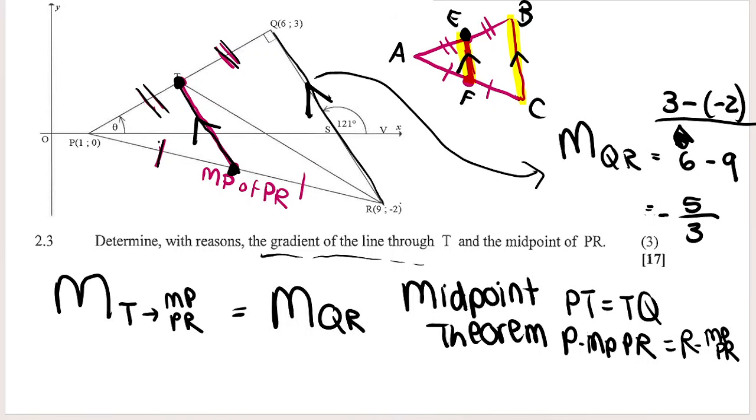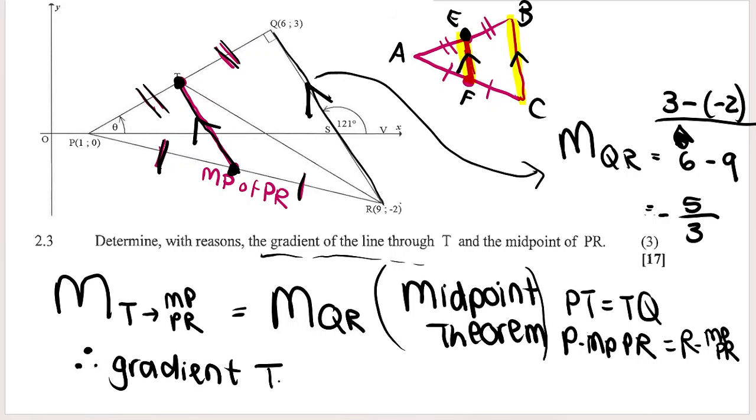But basically, this is the midpoint, so those two lines are equal. This is the midpoint over here, so those two lines are equal. Therefore, we can use midpoint theorem. That's our reason. Therefore, the gradient of the line through T and the midpoint of PR is equal to -5/3. That's using the midpoint theorem. If that makes you feel uncomfortable, I'm going to show you another way to do this.